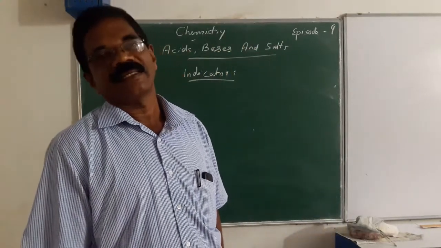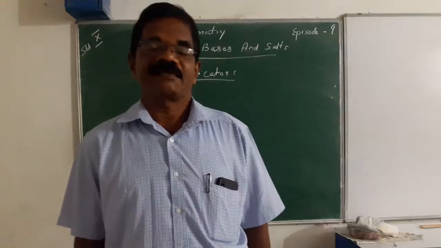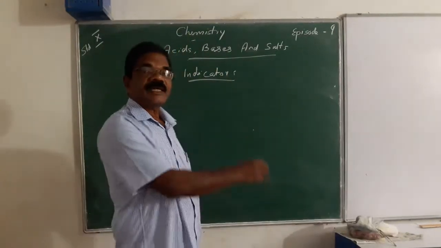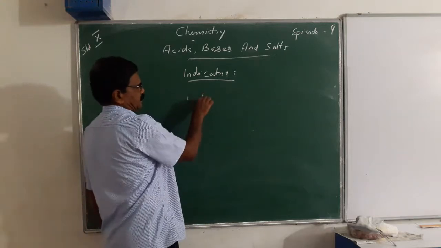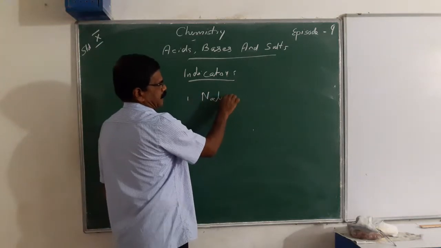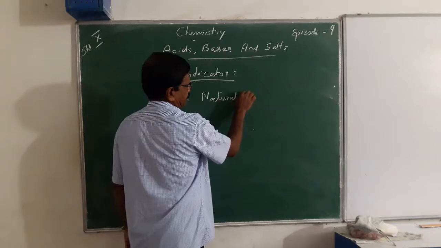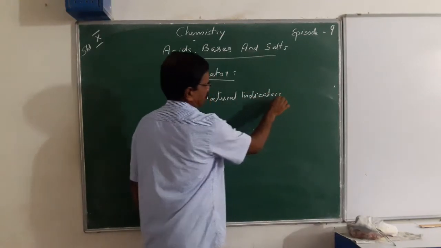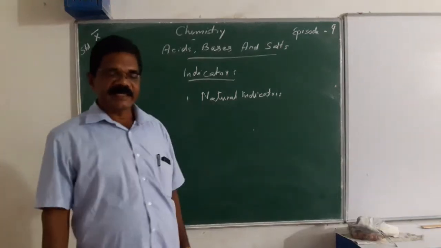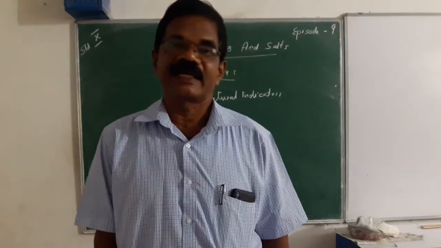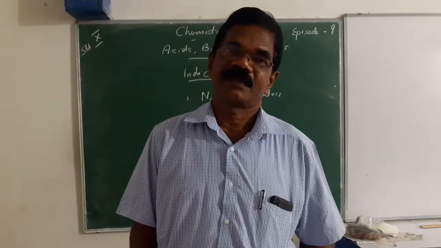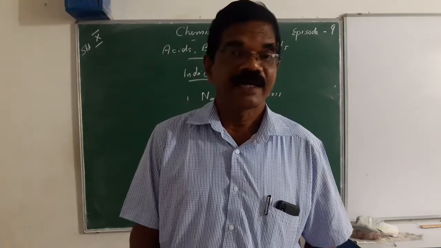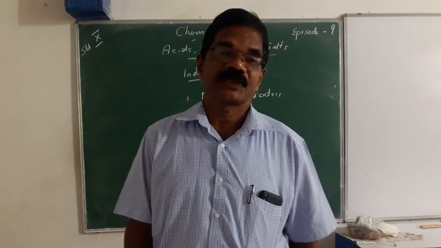Indicators are classified into different types. One: natural indicators. Natural indicators are those which are of natural origin, which we obtain directly from nature.